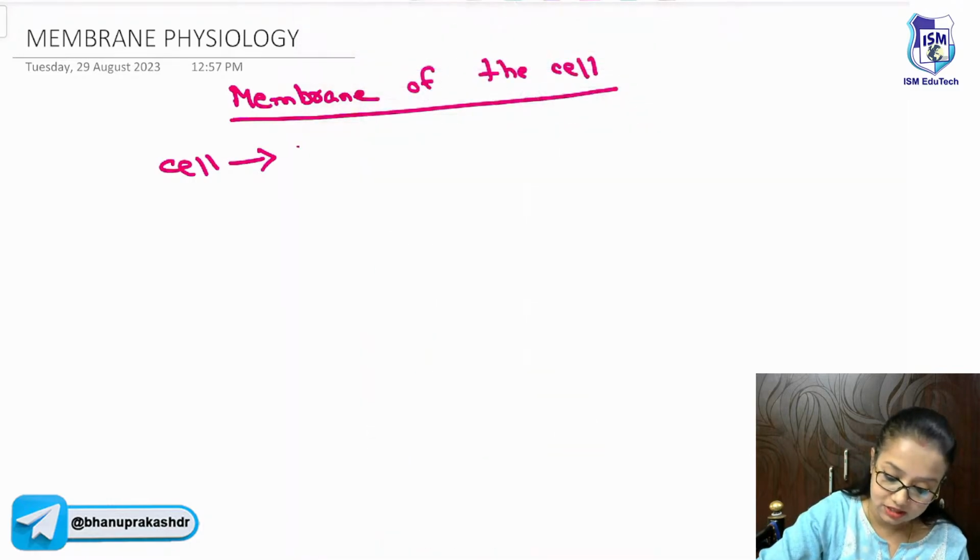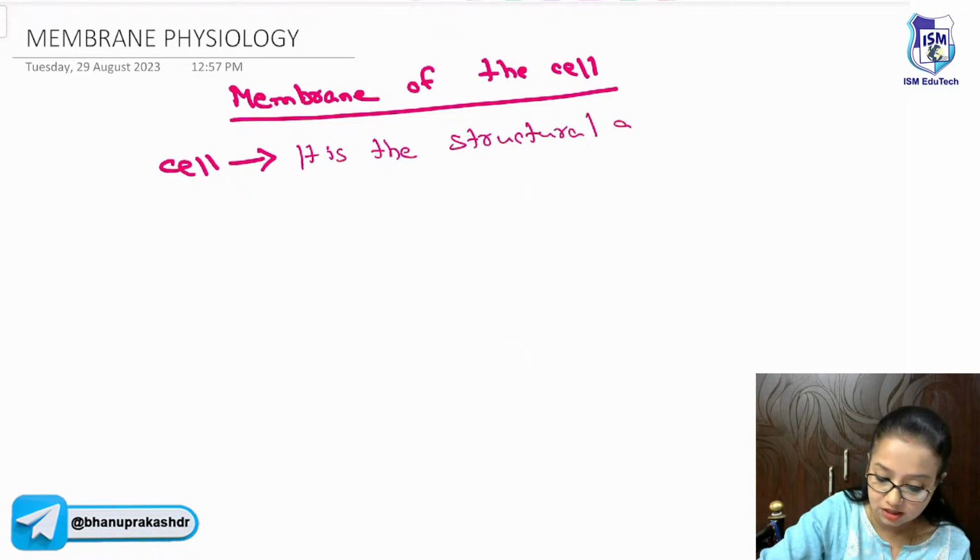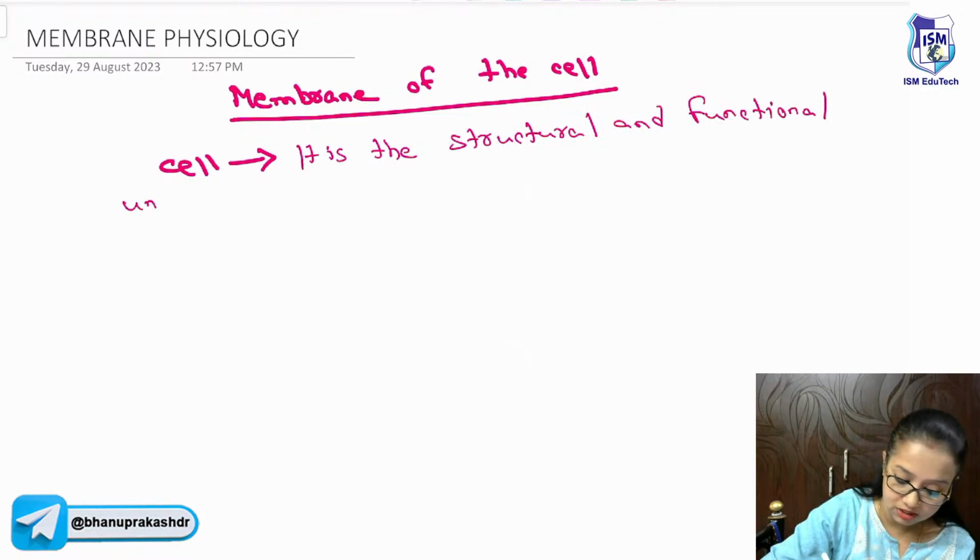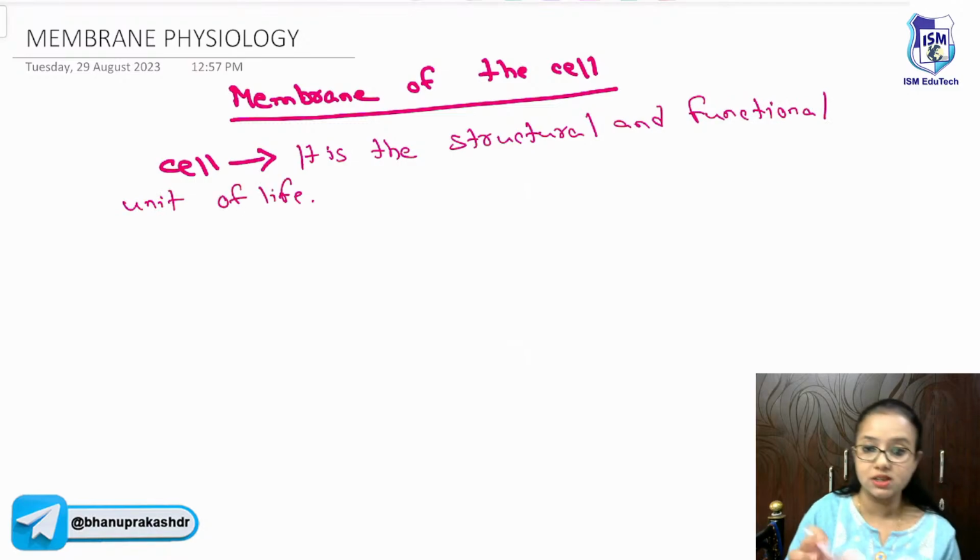Cell is the structural and functional unit of life. Right? So whether it is a plant or an animal or our own body, we always have the structure that is called the cell.